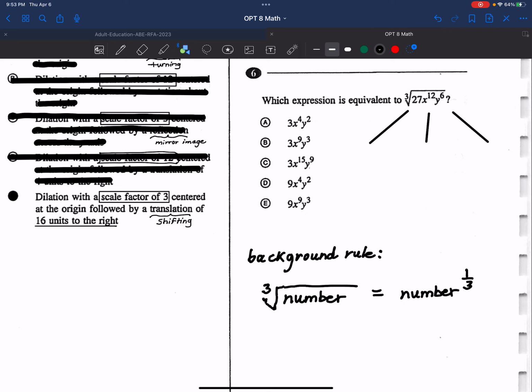The first is 27. Then I have an x to the 12th power and a y to the 6th power. And because I'm taking the cube root, that is the same as raising these to the 1/3 power.